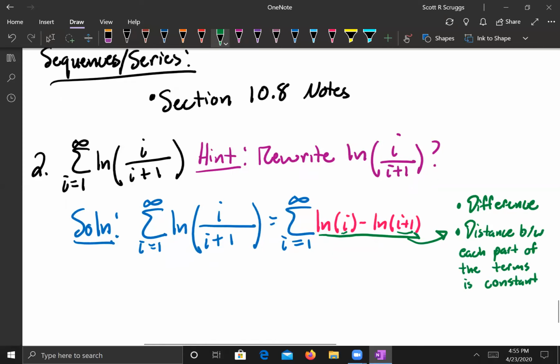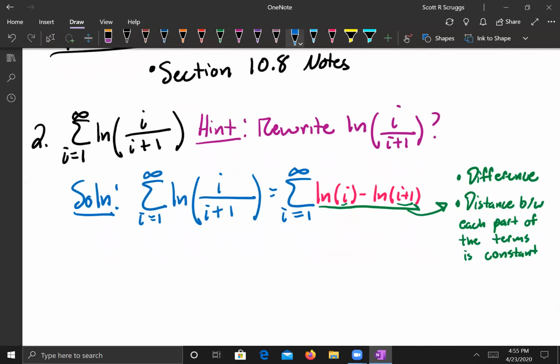So that's one thing that tells me I have to do a telescoping series. We don't put it on that little chart for convergence tests, mainly because if we have to use telescoping series, we're actually using the definition of a convergent series.